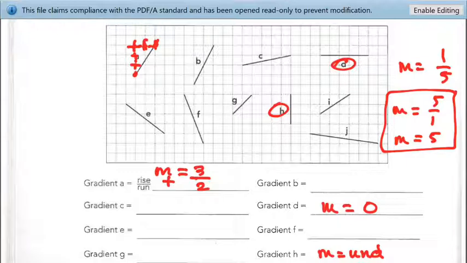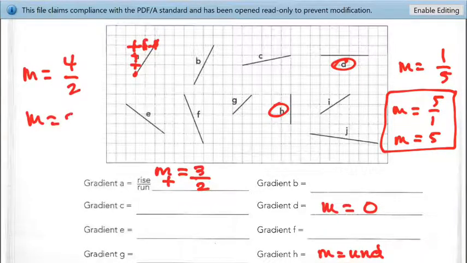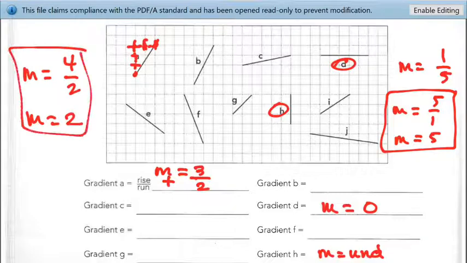Slope is always a fraction. But if you write it as a whole number, that just means the denominator is 1. If you end up with 4 over 2, that's 4 divided by 2, which is just plain old 2. So we write 2. Do we have to always simplify? You must simplify, if it will.